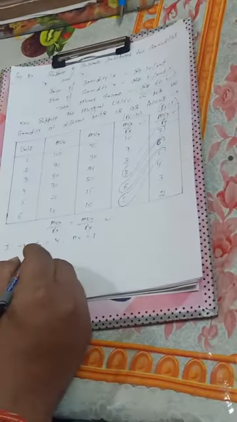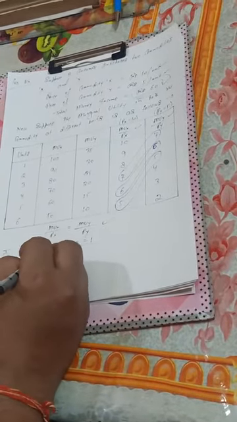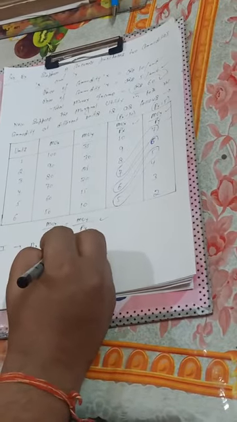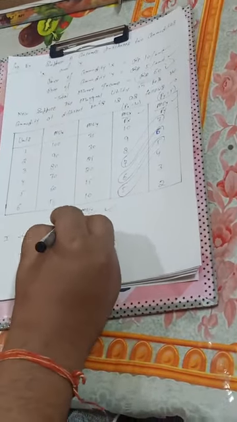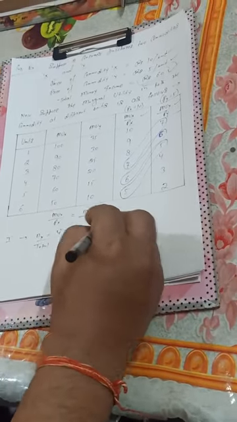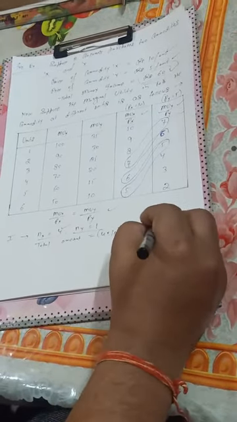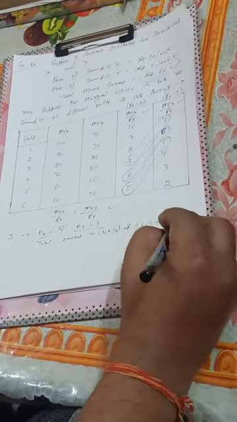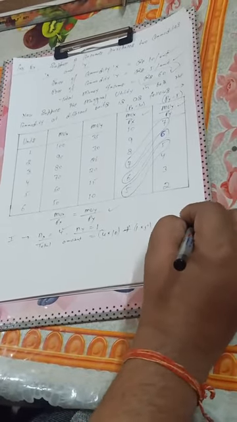Let us see the first combination where Nx is 4 and Ny is 1. Calculate the total amount: 4 units of X, 4 into 10, 40, plus 1 into 5, 5. 40 plus 5 is 45. This is not equal to 60.